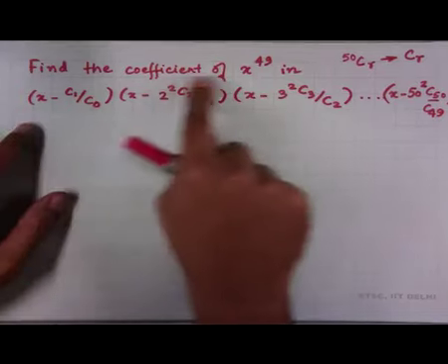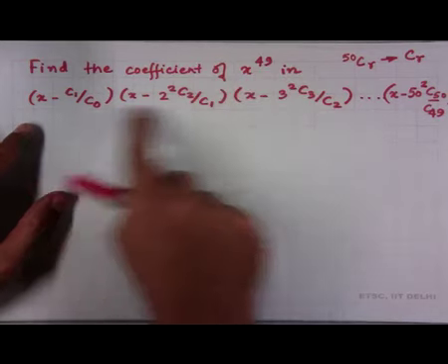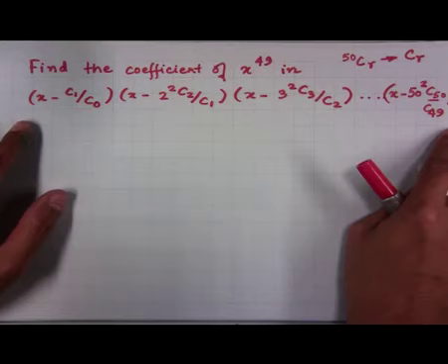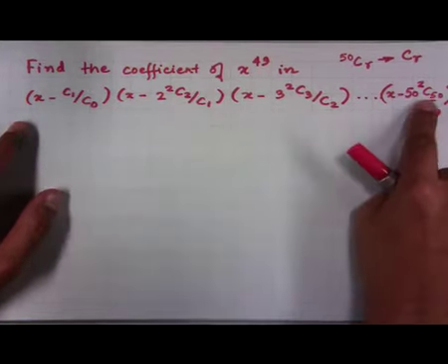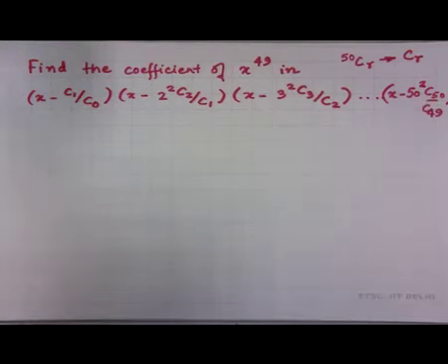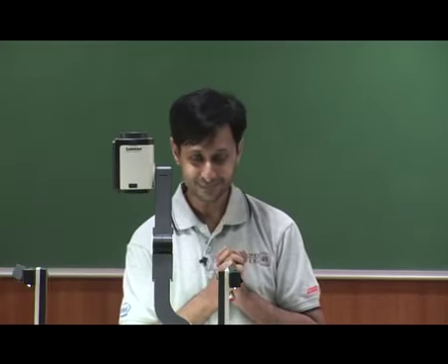Find the coefficient of x power 49 in this expansion, and you have got how many terms? 1, 2, 3, 4 all the way till 50. So, you have got 50 terms, x power 49. What does that mean?